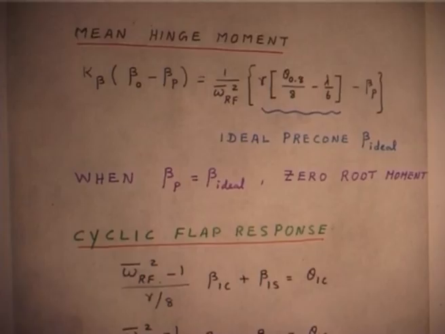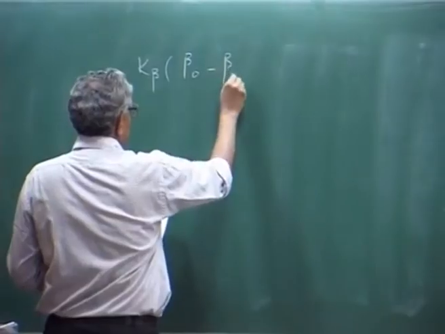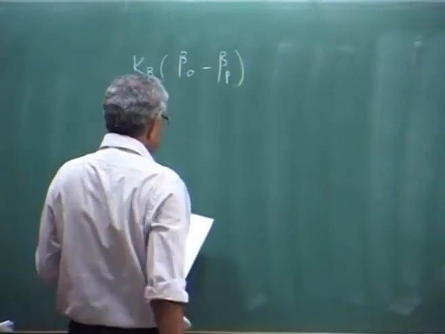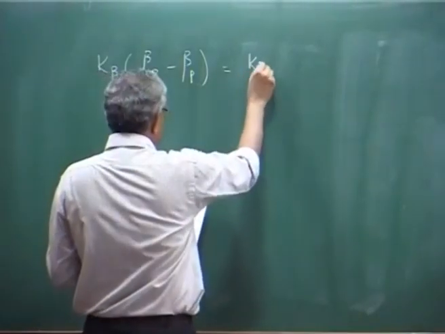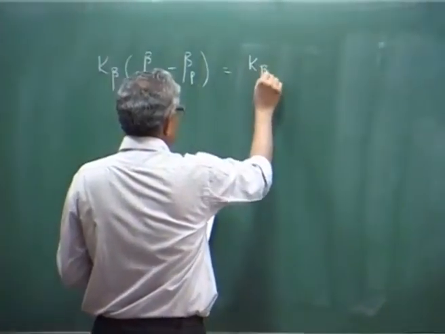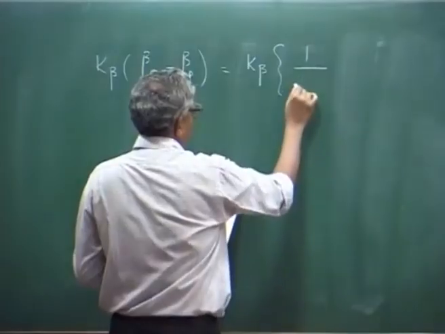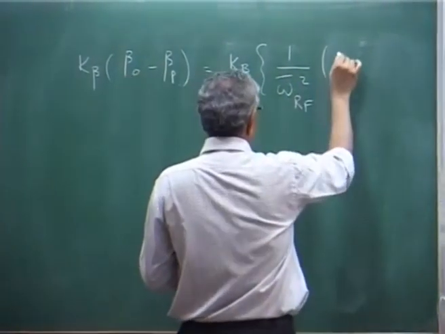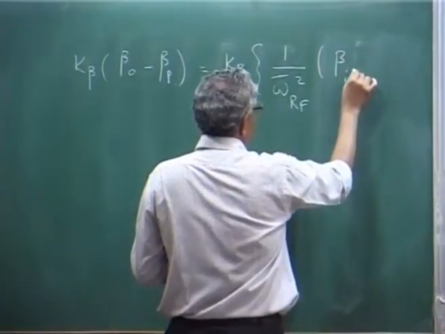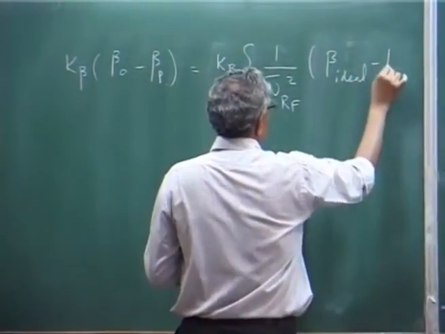I am just going back, we wrote k beta into, we substituted for beta naught and we got this equation, 1 by, because this we wrote last time, beta ideal minus beta p.